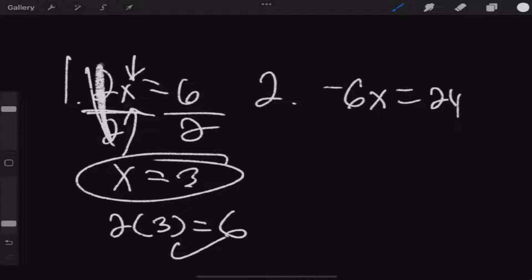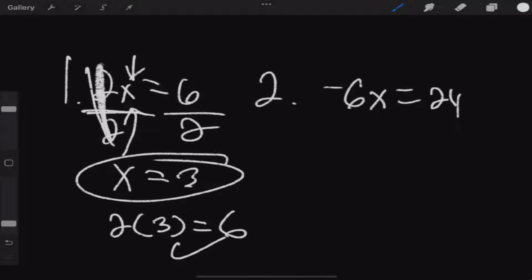It is practically the same thing as before with multiplication, except this time we're dividing. And over here, we're doing the same thing, except this number is negative.